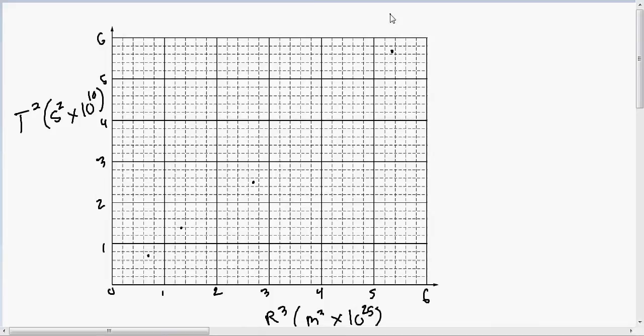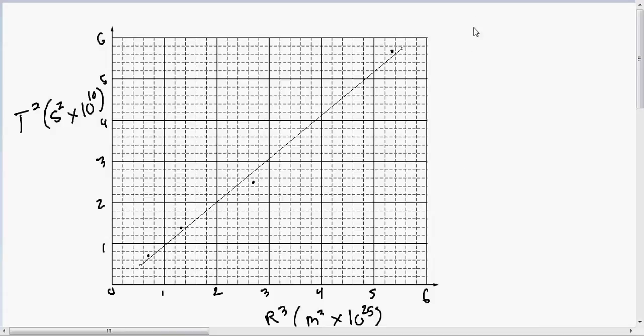And then create a best fit line, which we can use later to find the mass of Saturn. So from here, best fit line all the way up through here. And that would be our best fit line.